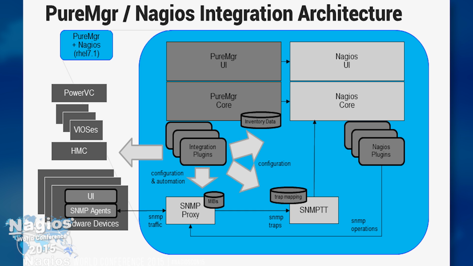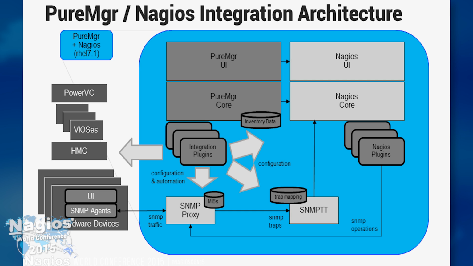So we have plugins for monitoring the Mellanox switch, the Brocade switch, and we also have plugins on our side to be able to collect the inventory that we need from these components and to do the automated configuration. If you start monitoring a Mellanox switch, for example, it will deploy the corresponding Nagios plugin for the Mellanox. It will go and configure.